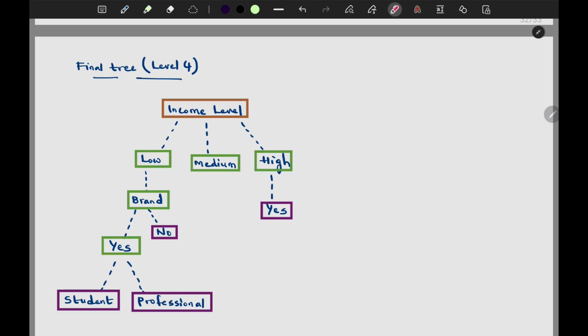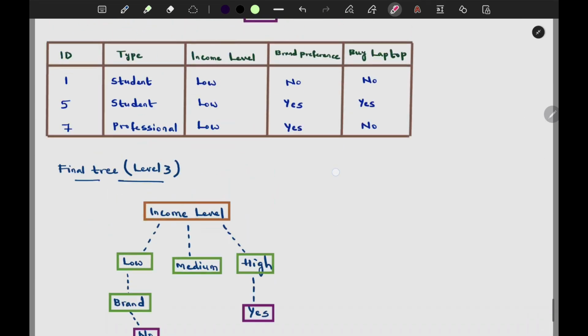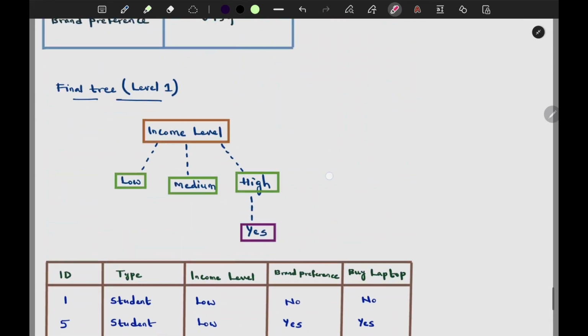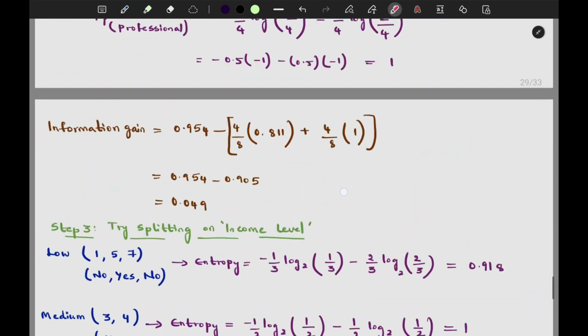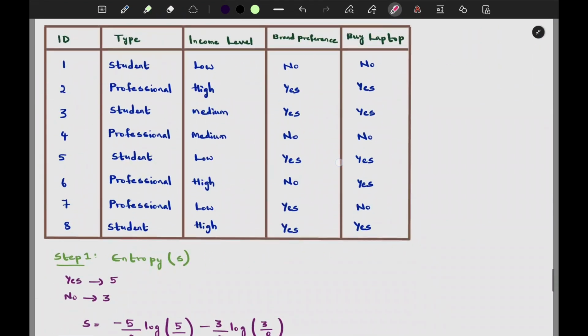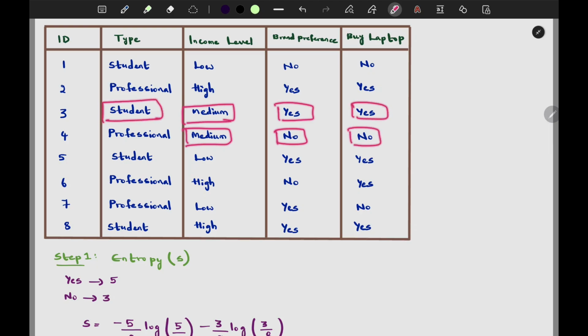So now we have concluded for the high and for the low. Then what about the medium? For medium, let's see the data set which we took in the starting. Here you can see I'm having medium over here, and there was brand preference yes, no, buy a laptop yes, no, and this type is student or professional.